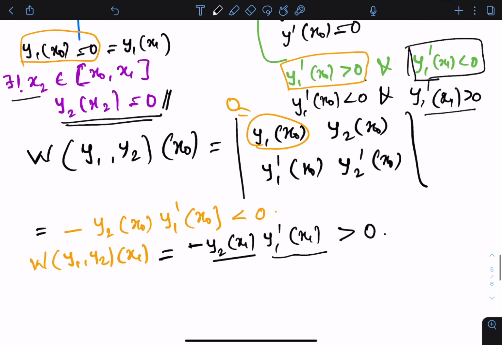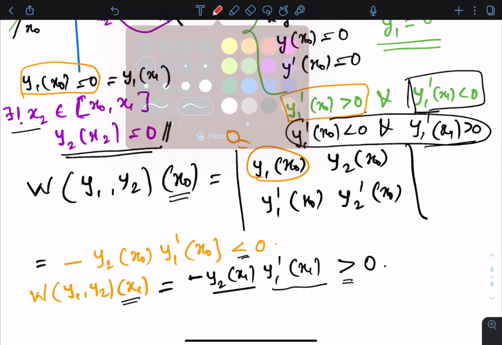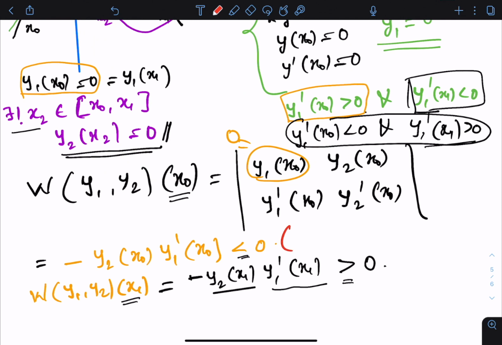That means the Wronskian at x0 is negative and the Wronskian at x1 is positive. If you change this situation and take this situation here, you are going to get the other situation, that in the equivalent situation this is positive and this is negative.